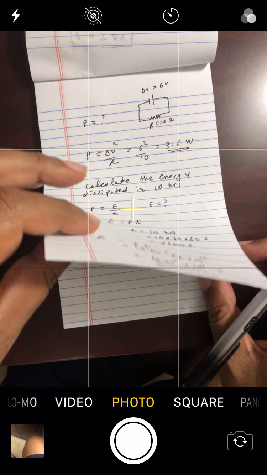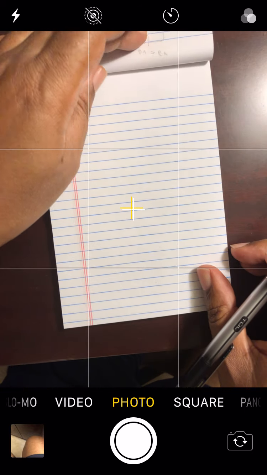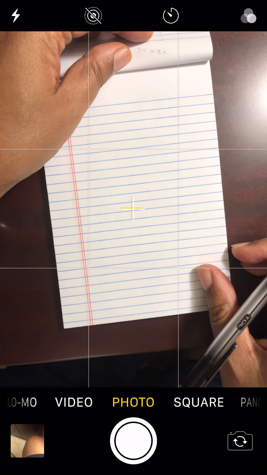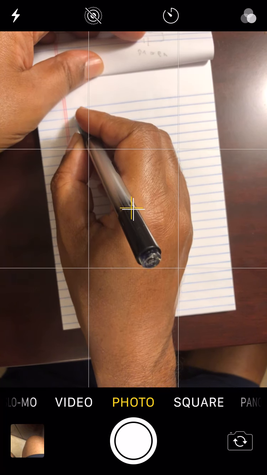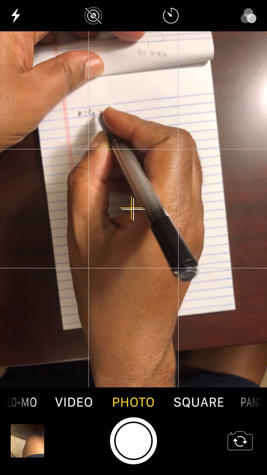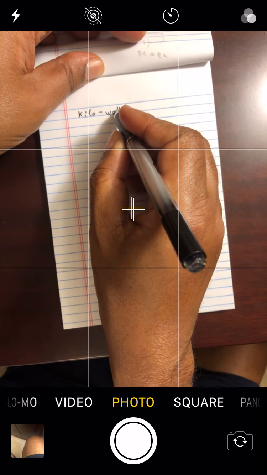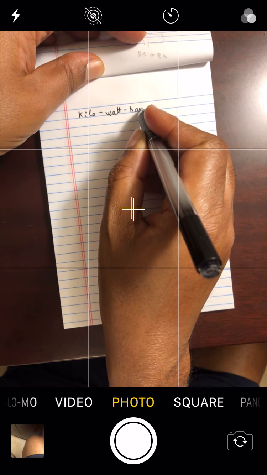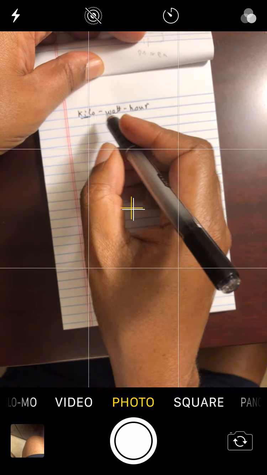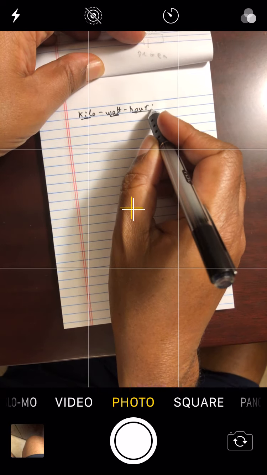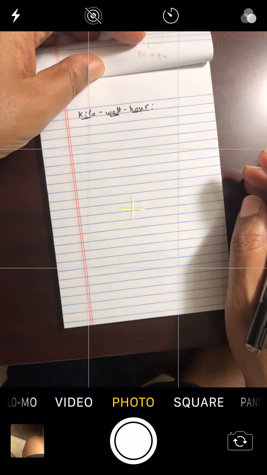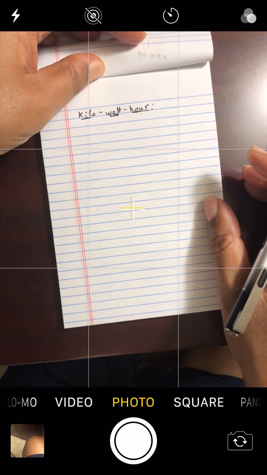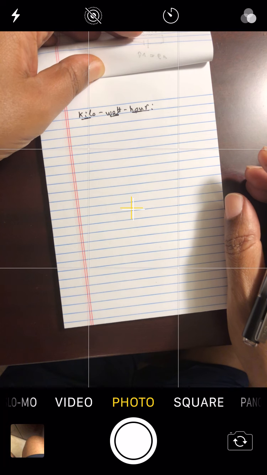All right, now we're going to find a unit of energy commonly used by the power companies. It's called kilowatt hour. So let's define the unit of energy called kilowatt hour. This is the unit of energy, and it's equal to the amount of energy dissipated by a 1 kilowatt device when used for an hour.